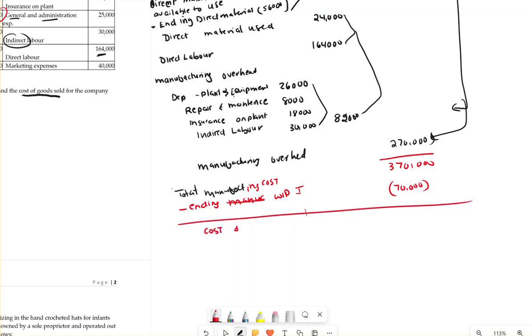Cost of goods manufactured, which is 300,000. I need this to do my cost of goods sold.